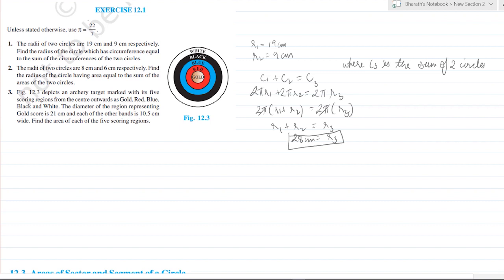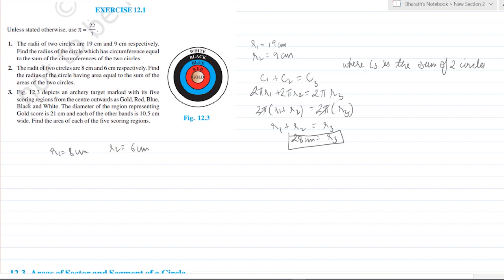Fine. Next comes: the radii of two circles are 8 centimeter and 6 centimeter respectively. Find the radius of the circle having area equal to the sum of the areas of the two circles. Here we used circumference, there we have used area. So R1 is equal to 8 centimeter and R2 is equal to 6 centimeter.